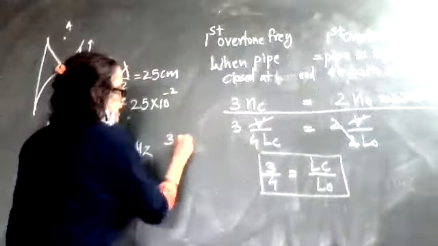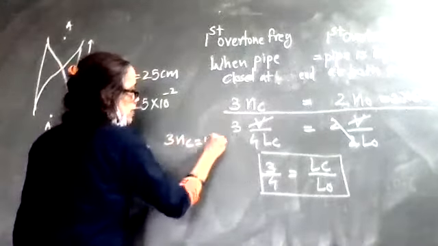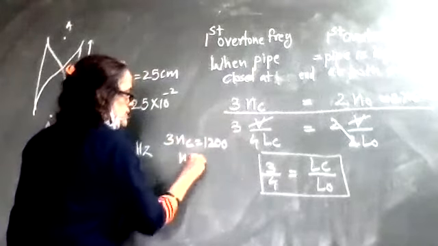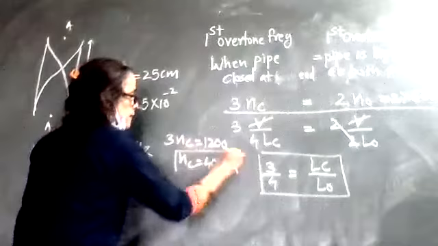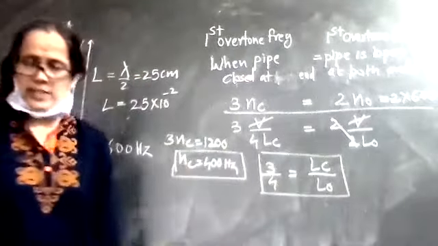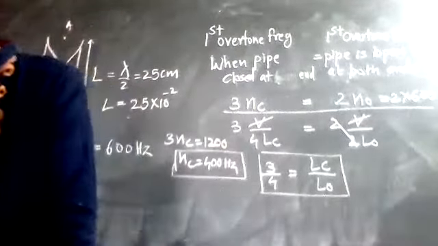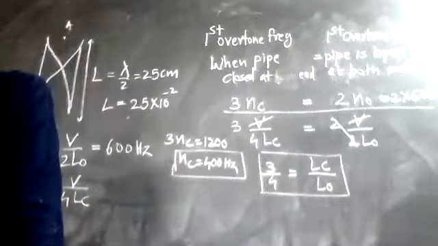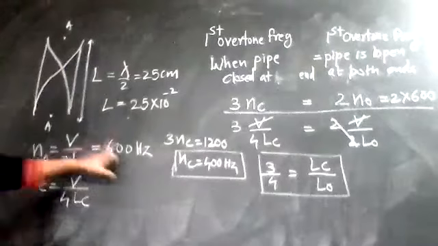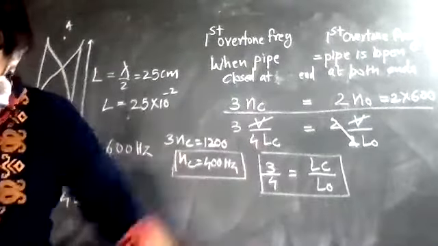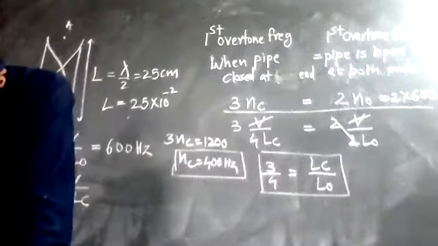From this equation, 3 NC is equal to 1200. So my NC value will come as 400. So I have the value of NC as well as N0: N0 is 600, NC is 400.